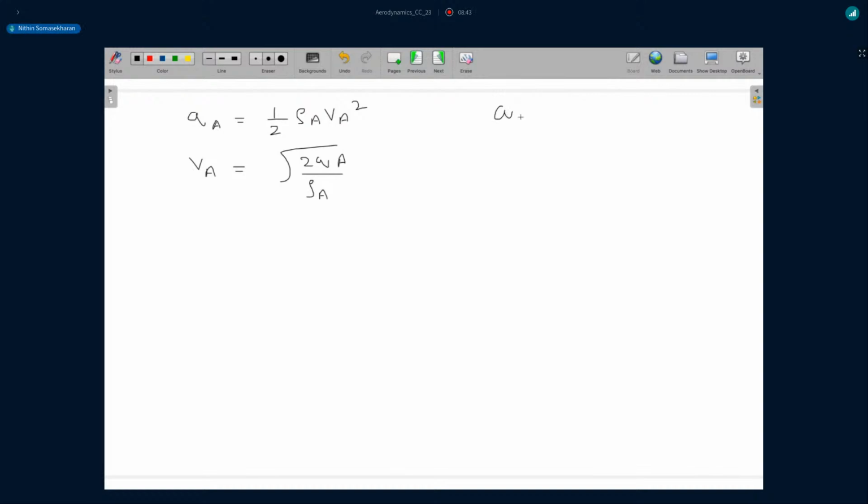Similarly, QB is nothing but half rho B VB square. So now VB would be nothing but square root of 2 QB by rho B.